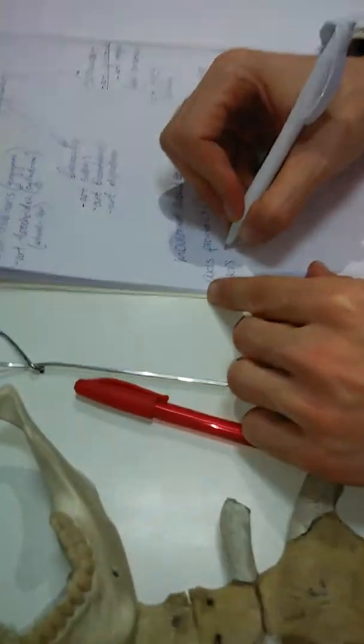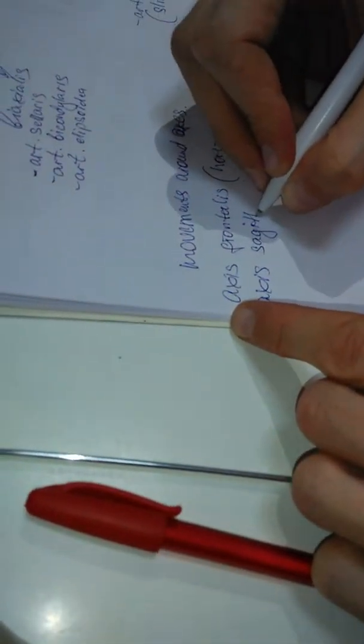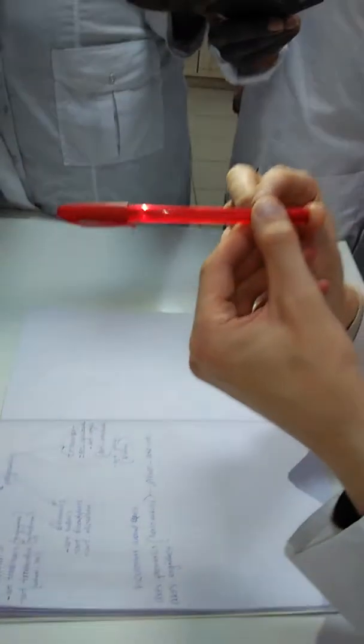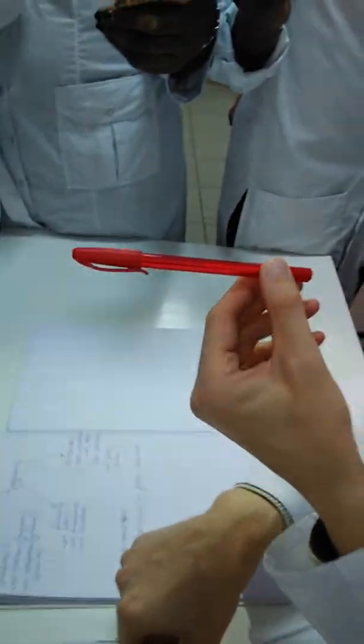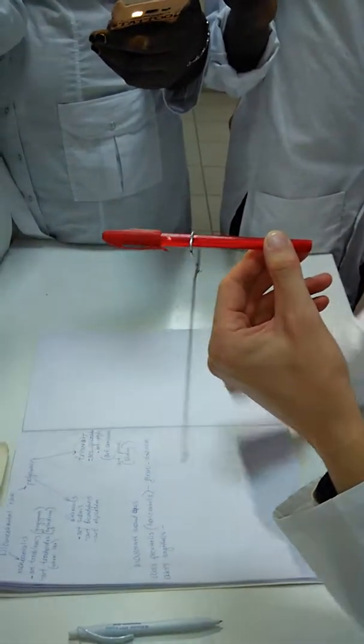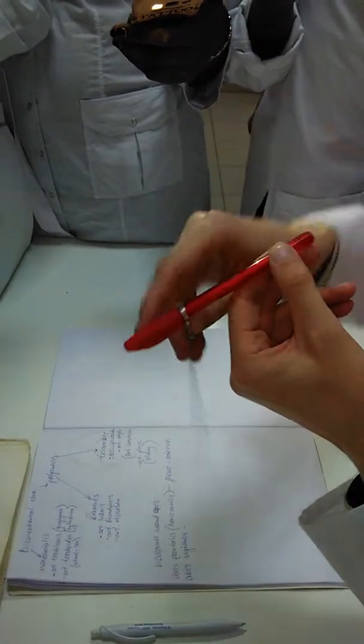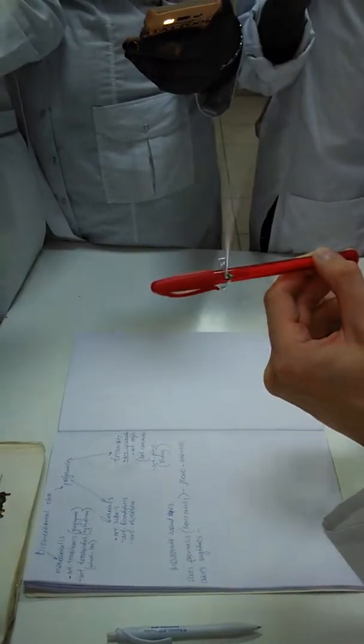Next, axis sagittalis. This axis sagittalis, its position in space. Round this way and opposite round.